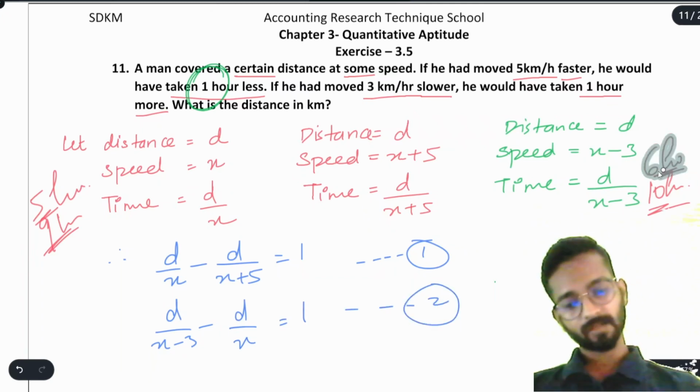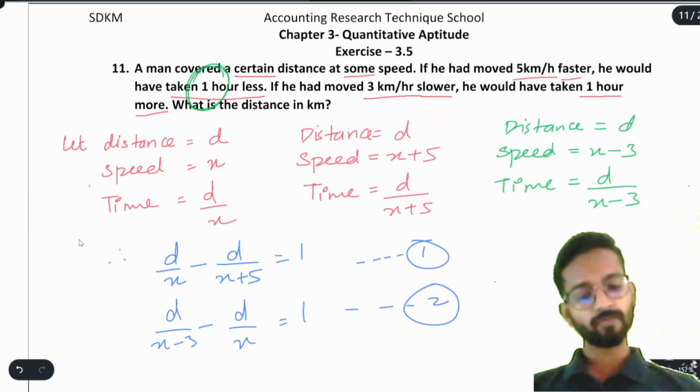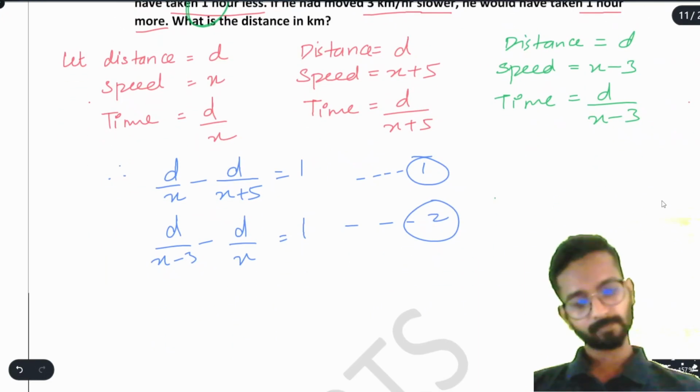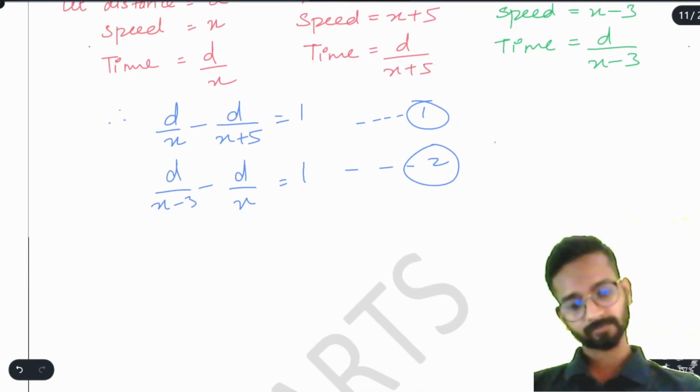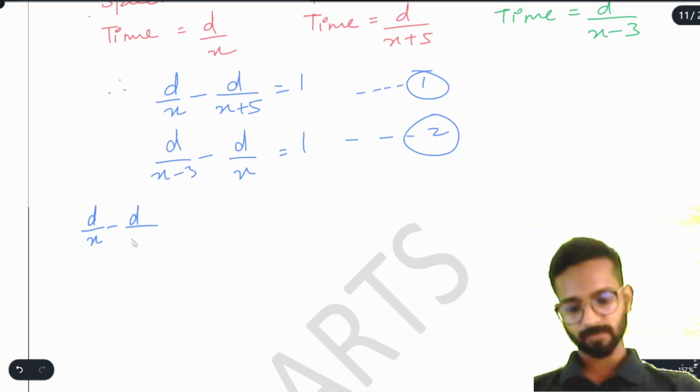Understood? Now we have got two equations and two variables, d and x, so we can easily solve it. We can say both are equal to 1. So you can say d by x minus d by x plus 5 is equal to d by x minus 3 minus d by x.